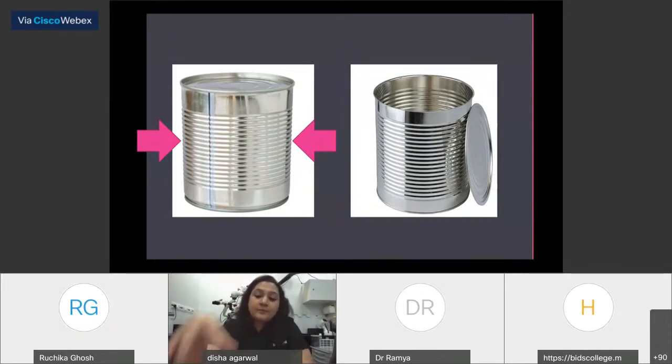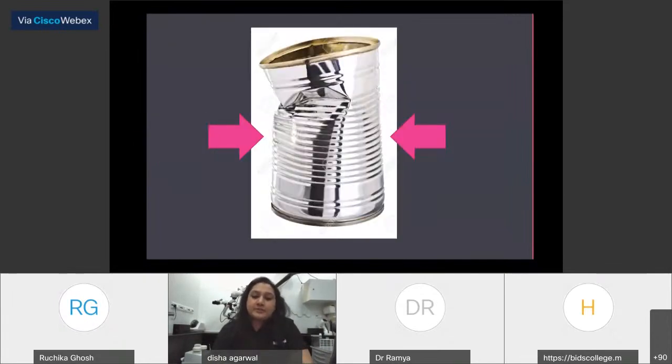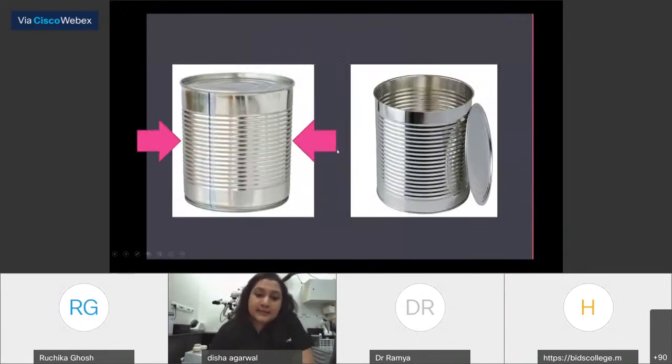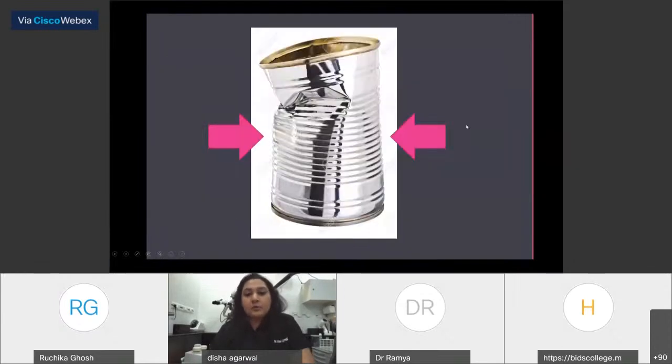What is going to happen if you apply occlusal pressures and lateral pressures? You're going to get a tin which is all crumpled up. Why did this happen? Suppose the lid was placed in there, would that happen? No. Imagine your tooth something like that.